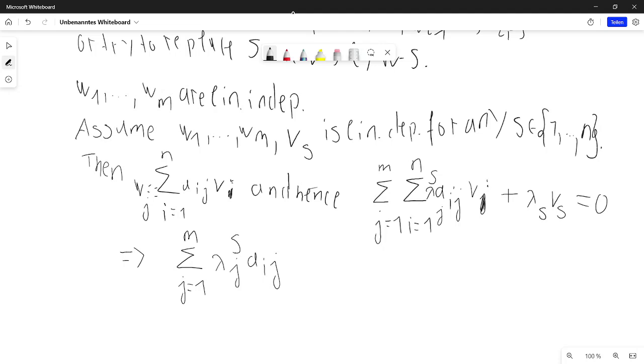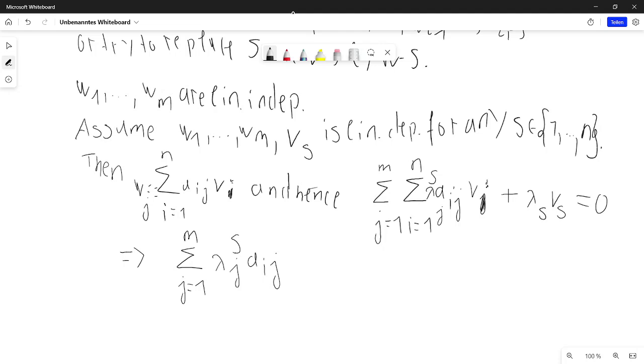What we do here is just to fix an i and to look at the sum in the cross direction, where we fix an i, and for each j the i is fixed, and we go through the j's, and this will be the coefficient of the i in the sum.